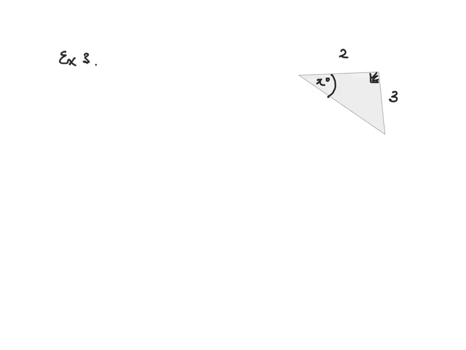So another triangle. This time we've got an angle marked, we've got two sides marked, and what we want to do is to find the ratio for sine of x. Now think about the memory aid SOHCAHTOA. Sine is opposite over hypotenuse. Now we know that this is the opposite side. It's opposite the marked angle. We know that this is the hypotenuse. We don't have the hypotenuse, so we really want to find it.